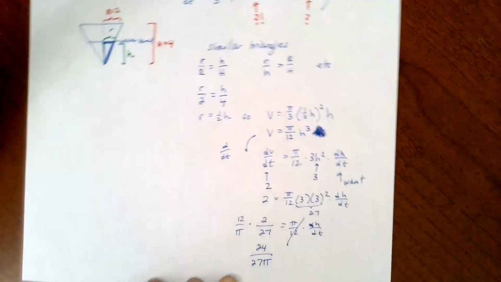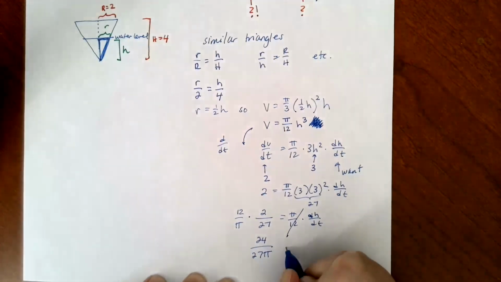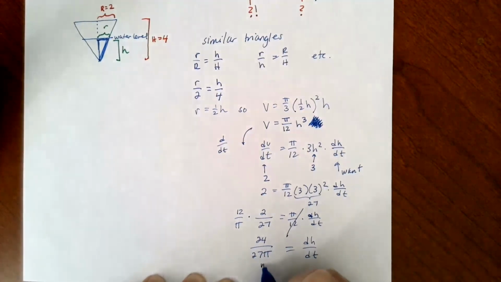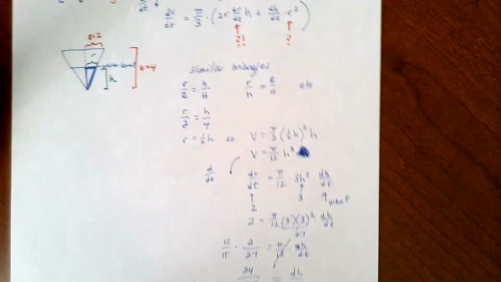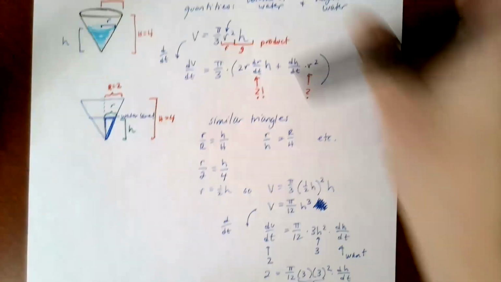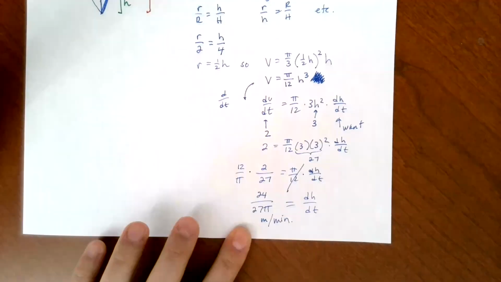Without a calculator, that's the best I'm going to do. I suppose I could simplify that, but I'm not going to bother. dh dt, and I need height units, which will be meters, per time unit, which is minutes. So I'm going to say meters per minute as my final answer.